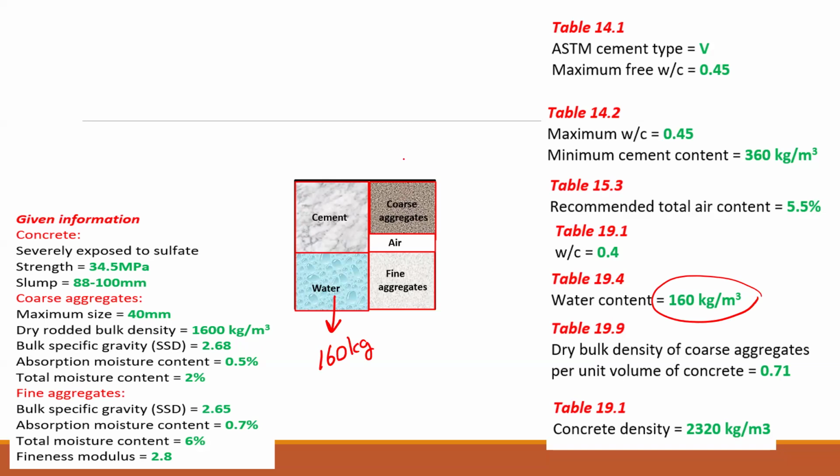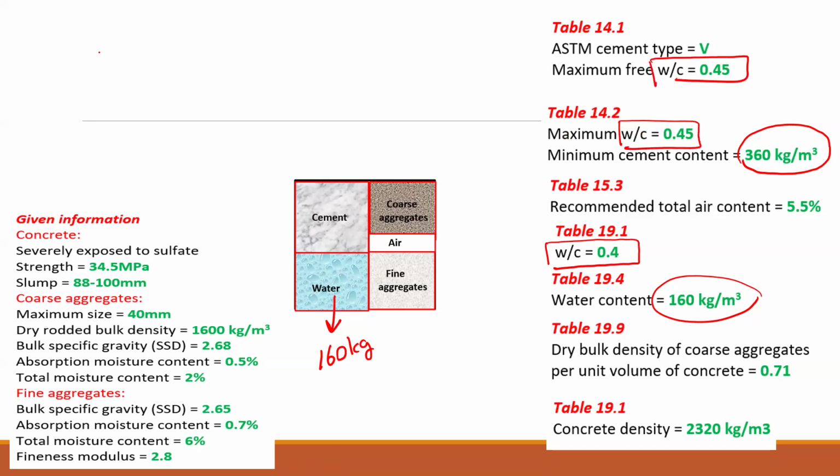And the coarse aggregate, before that, let's take the cement. Do we know the minimum cement content should be 360, but it can be more than that. Now we need to find the right amount. Effective water to cement ratio is 0.4. Maximum water to cement ratio is 0.45.